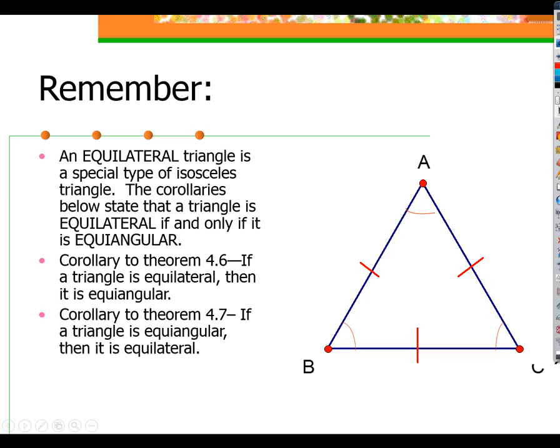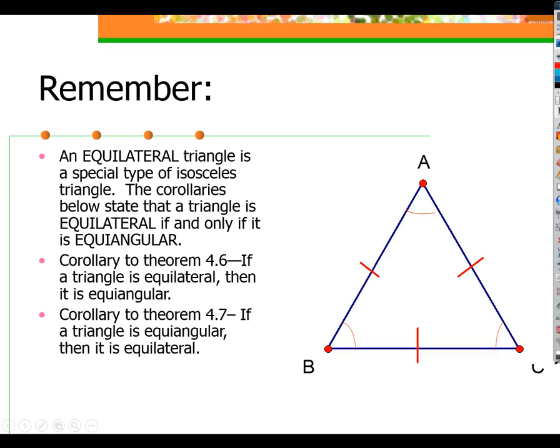So how could we prove that if a triangle is equilateral, then it's equiangular by using the base angle theorem? Suggestions? Elton, what do you think? Use it 3 times to prove that BC is congruent to AC, and then AB, or you can use substitution.